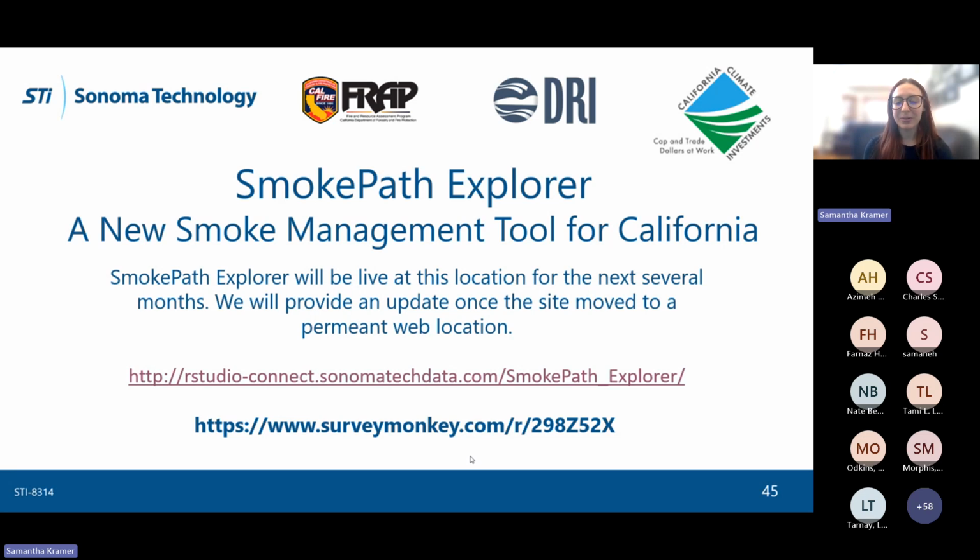Once it's moved to a permanent location, it'll be in this location for the next few months. Once it moves to a permanent location, we can include the capacity for the number of users that can be using it at the same time. If you're having some slowdowns or experiencing any issues, please feel free to reach out to me via email.